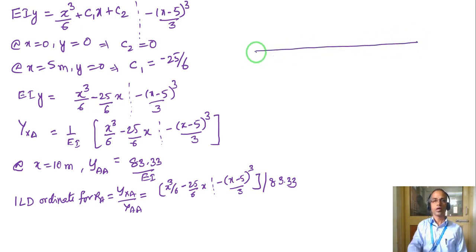By substituting x equal to 0, we start here. This is point A, this is point B, and this is point C. I'm looking for the ILD for RA, so I can draw the ILD something like this.